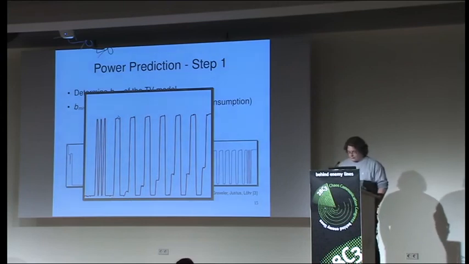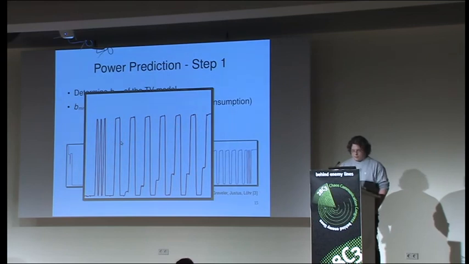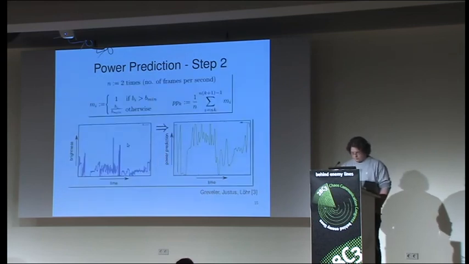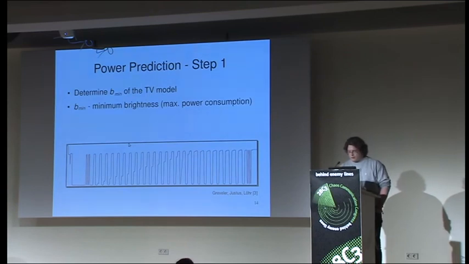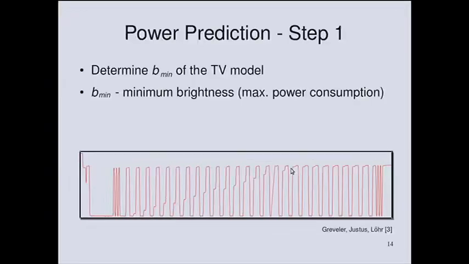The gray frames start at black and run to white. It's RGB interpreted. We can see that after nearly 30 gray steps, the maximum power consumption with minimum brightness is reached.